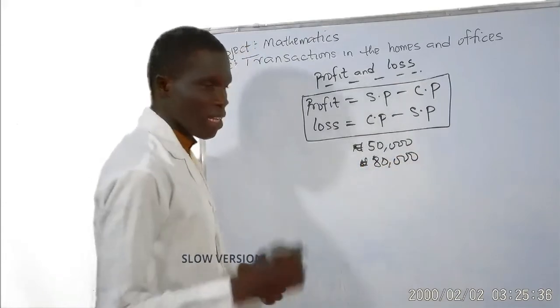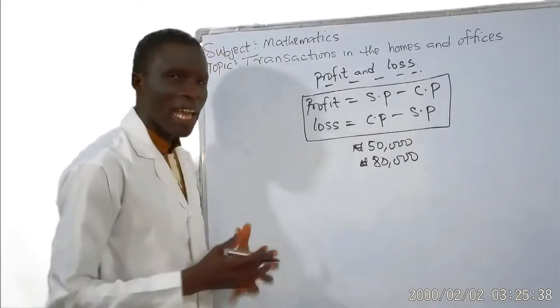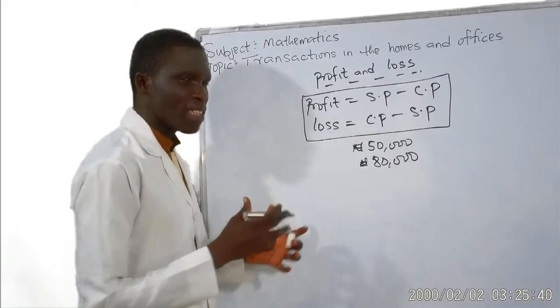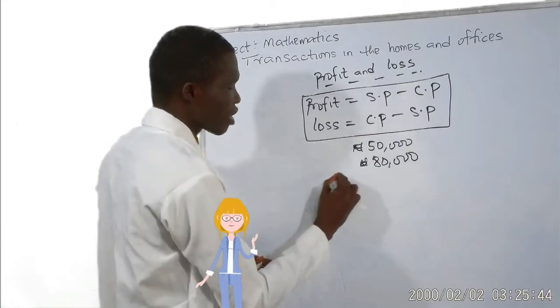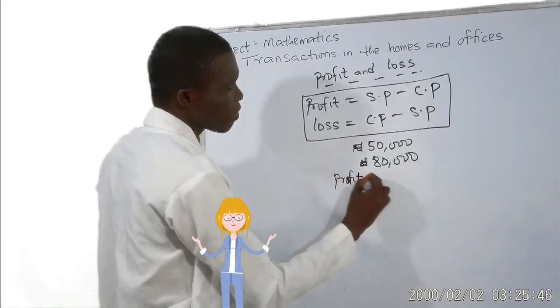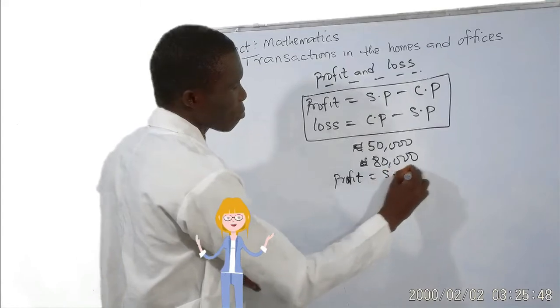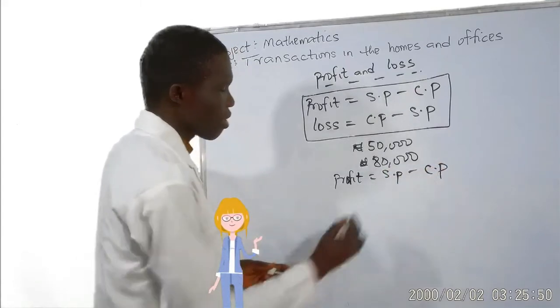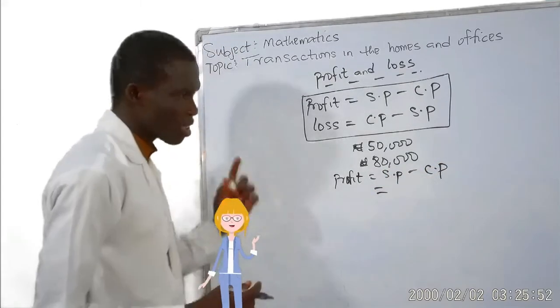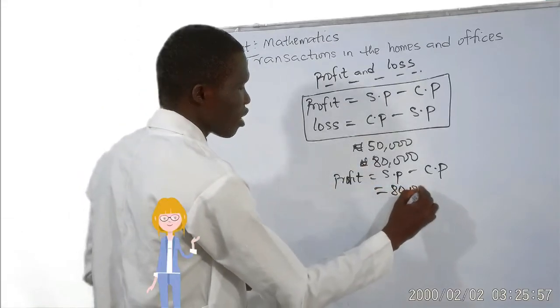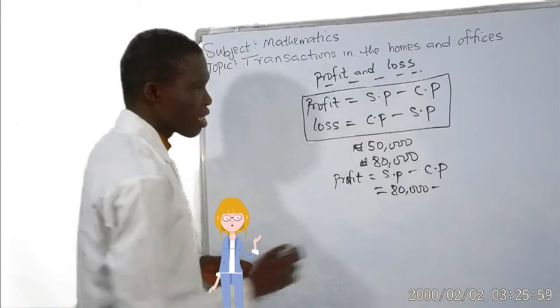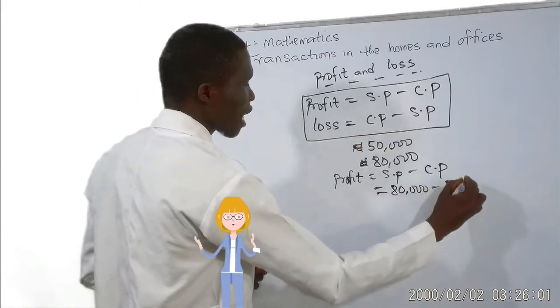And the question now is, what will be our gain? Remember, gain and profit, they are the same. What will be our profit? Our profit will be selling price minus cost price. And what is our selling price? Our selling price is 80,000, while our cost price is 50,000 naira.